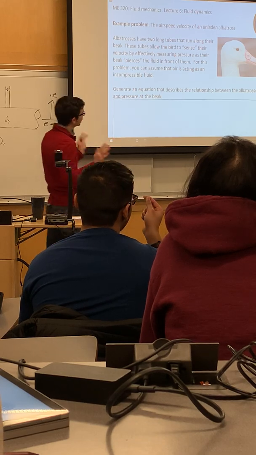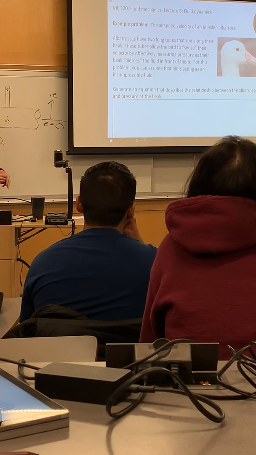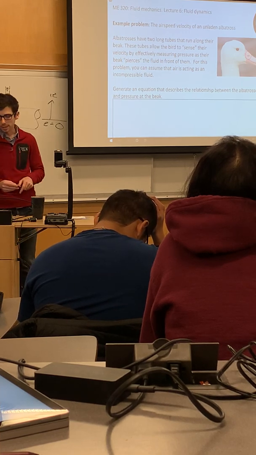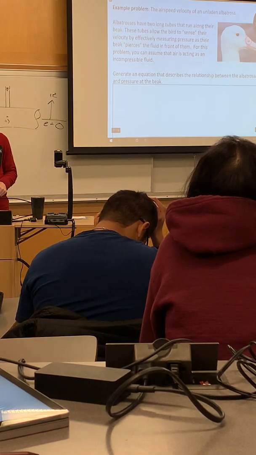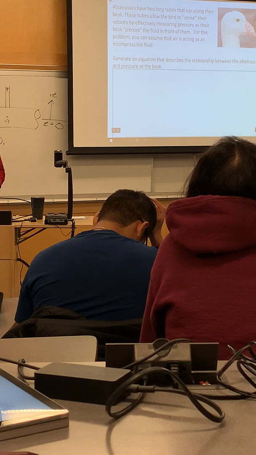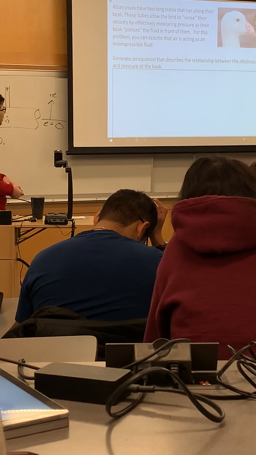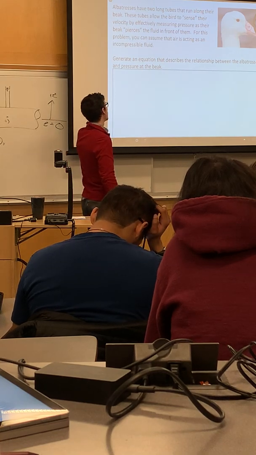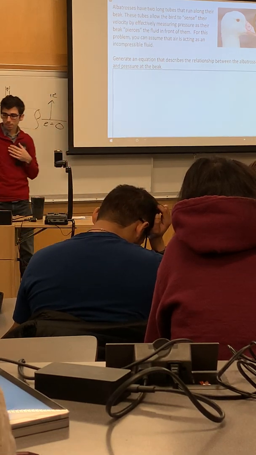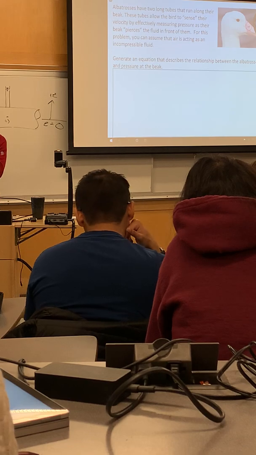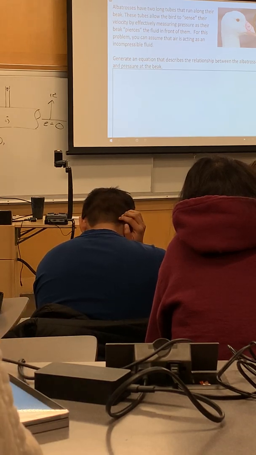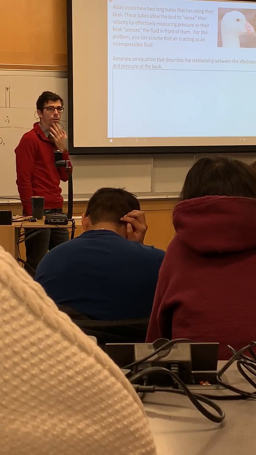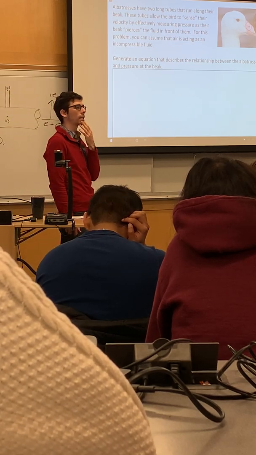Okay, so this is a Bernoulli equation application that takes this premise and asks you first to develop the equation that describes the relationship between the albatross's speed and pressure at the beak, and then to put in some numbers and calculate the range of pressures that this biological pressure sensor can detect.